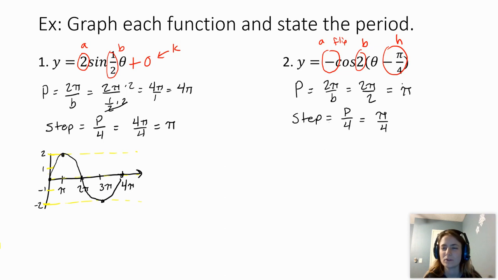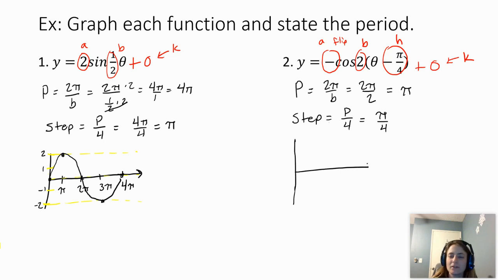Okay, cool. So we notice we don't have any vertical shifts. Our midline is still at 0. We're not moving up or down. So our period, we should be done at pi.